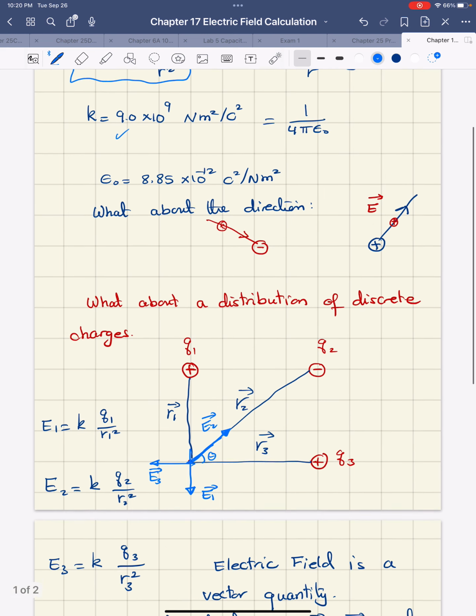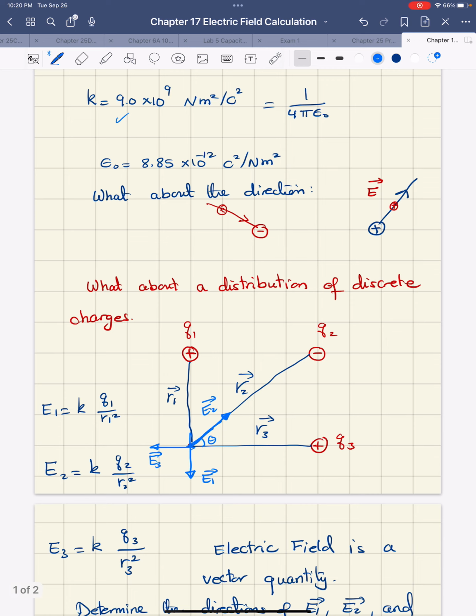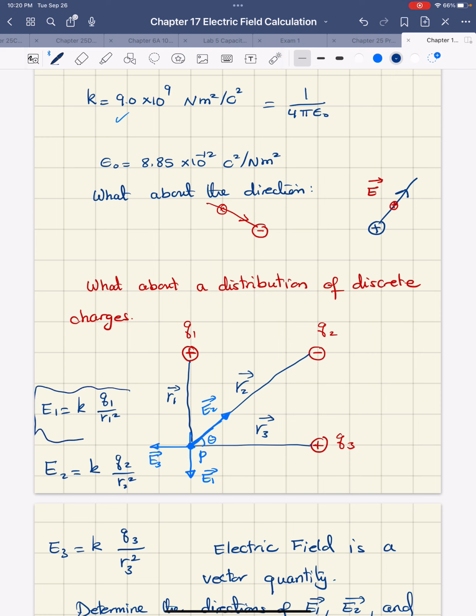Now, what if I have a distribution of discrete charges? Then I'm going to have a plus, a negative, a plus here, and we want to find the electric field at this point P. Therefore, we first calculate the value of E1, and that is going to be K Q1 divided by R1 squared.